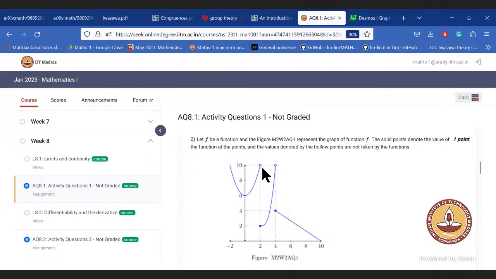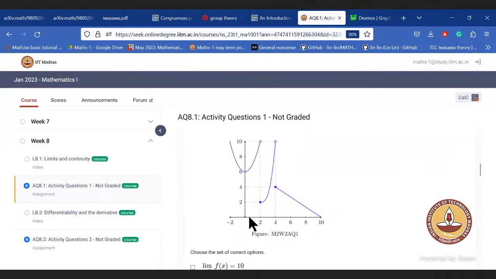And when you are coming to 2 from the left hand side, as you can see, the value of the graph is going towards 10, right? Correct. So 6 is something different. 6 is the value of the function at x equal to 0. Okay, got it.